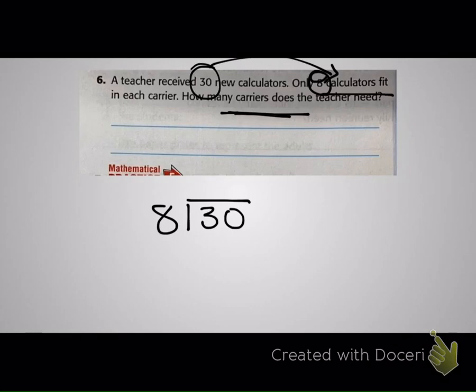So how many carriers are we going to need? Well, 8 does not go into 3. 8 goes into 30 3 times. We subtract, we get 6. So we have 3, remainder 6.